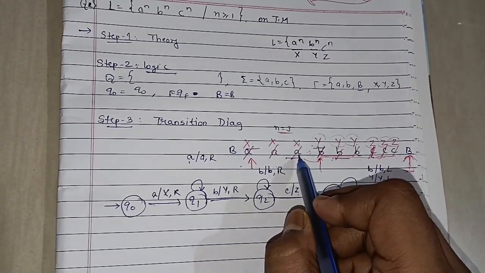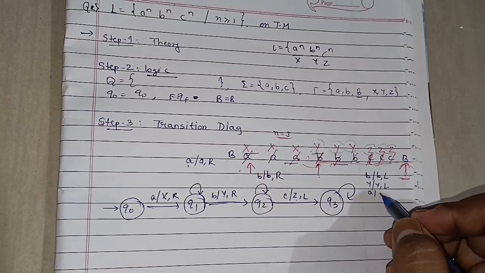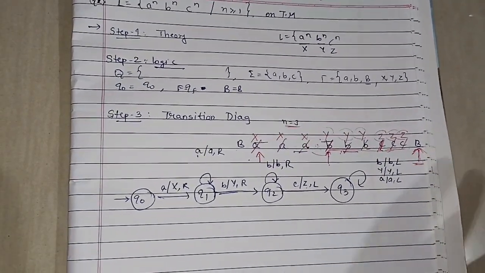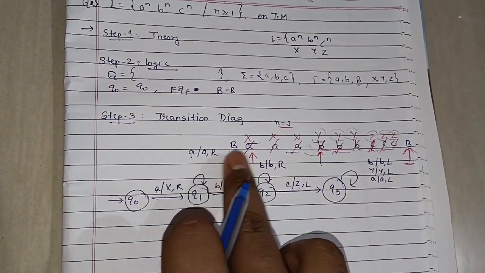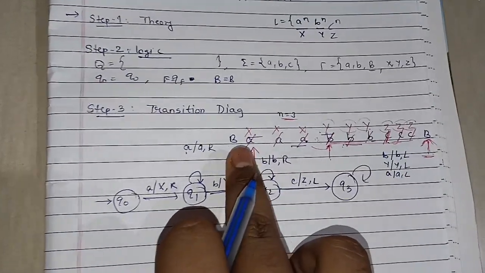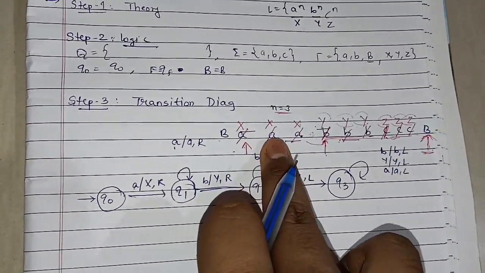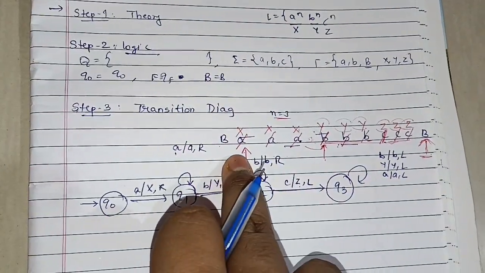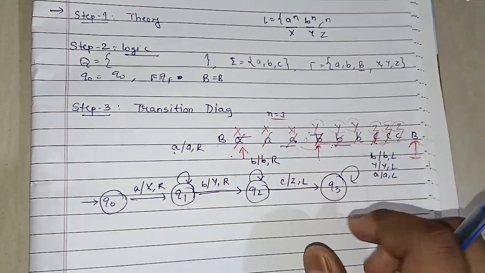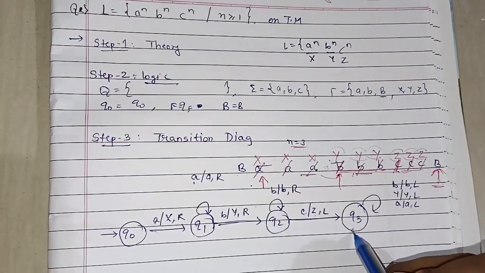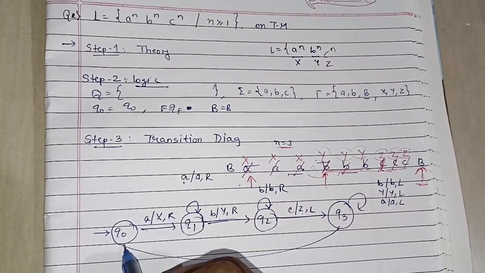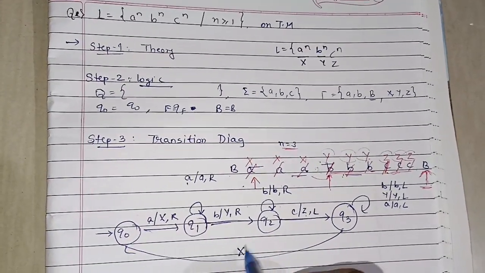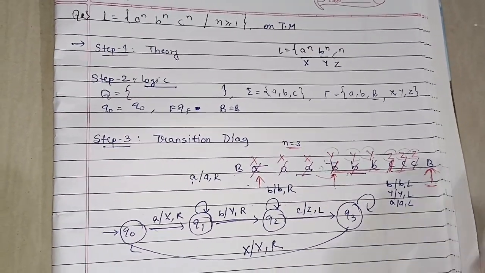If you get a, keep it as a, move left. Now if I get x, what I have to do is check whether the next a is there, meaning I have to go right, because if this is an x, then I have to go here. So if you get x, make the transition here: if it is x, keep x, move right.